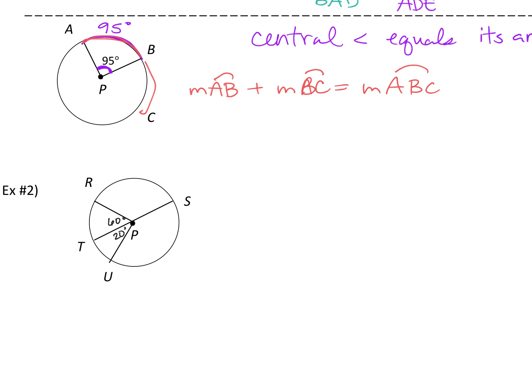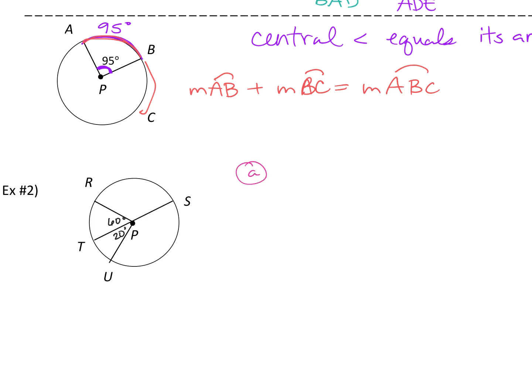So that's given to you. Just write it in black so you don't think it wasn't there to begin with. Okay, we're going to find 4 different arcs right now.